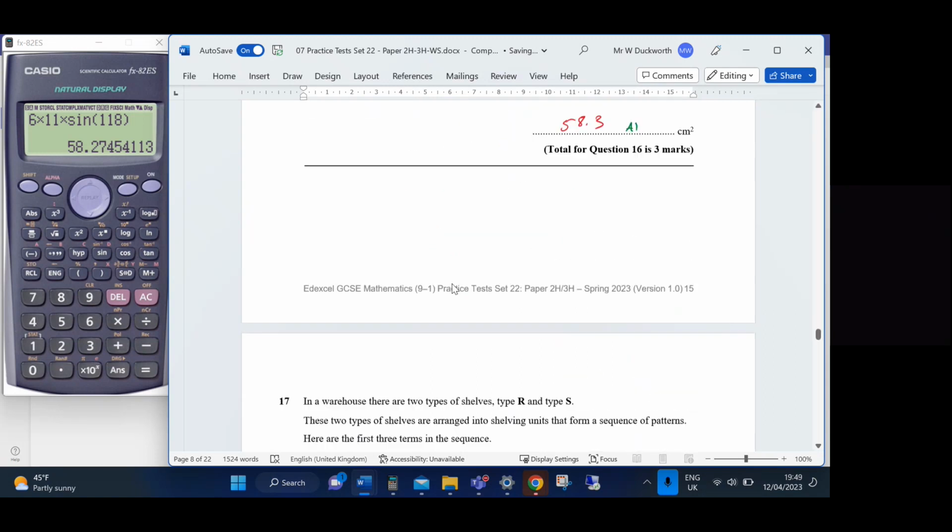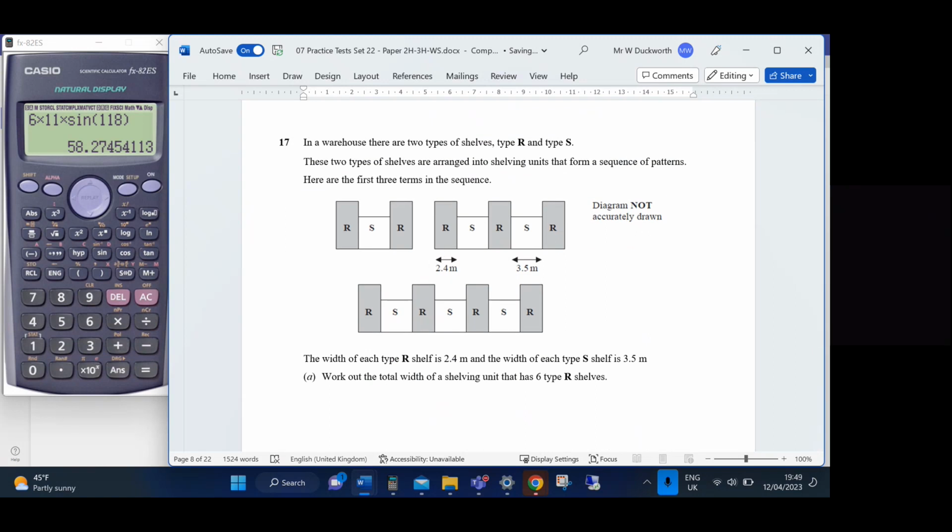Right, question 17. In a warehouse, there are 2 types of shelves, shelves R and shelves S. These 2 types of shelves are arranged into shelving units that form a sequence of patterns. Here are the first 3 terms of that sequence. The width of each type R shelf is 2.4 meters, and the width of each type S shelf is 3.5 meters.